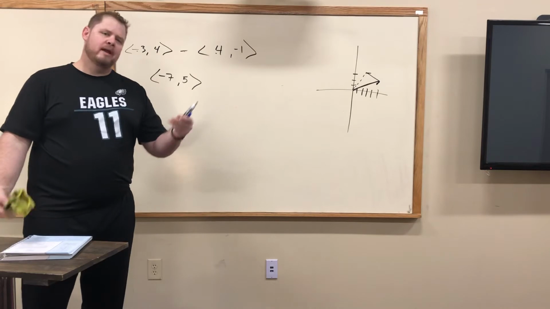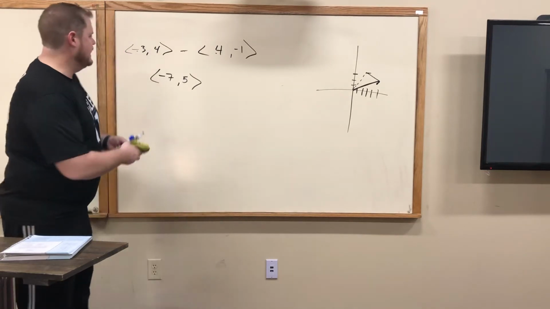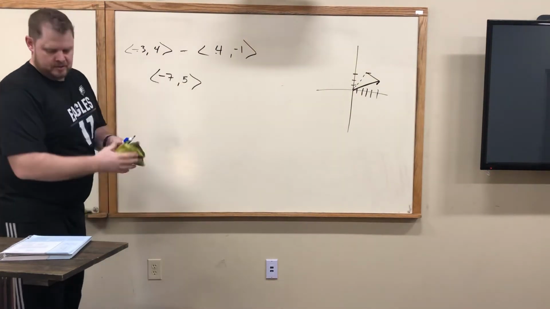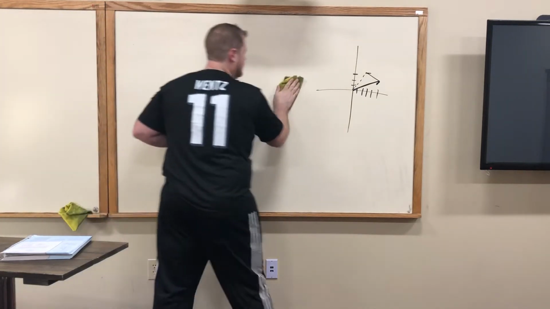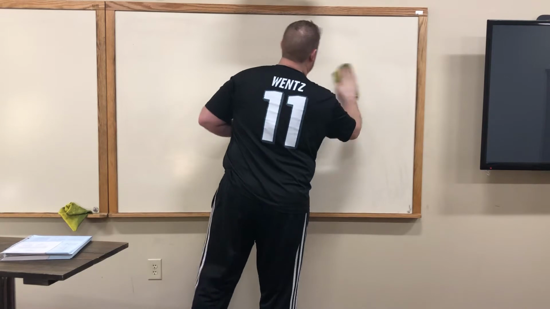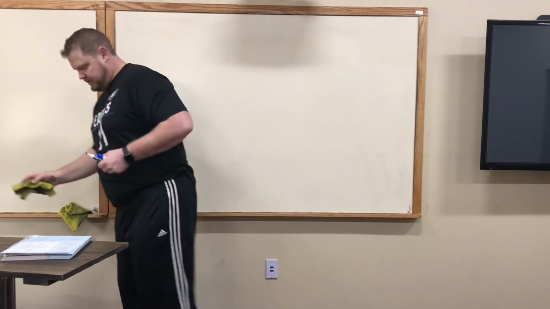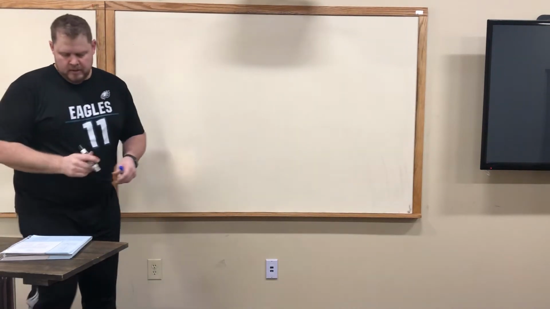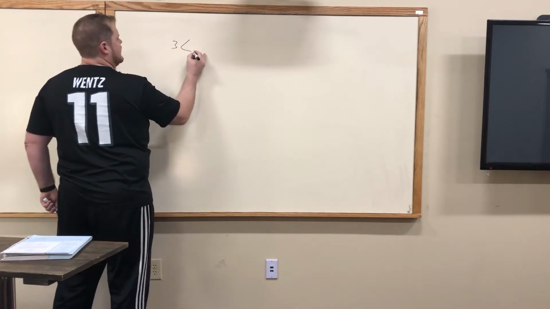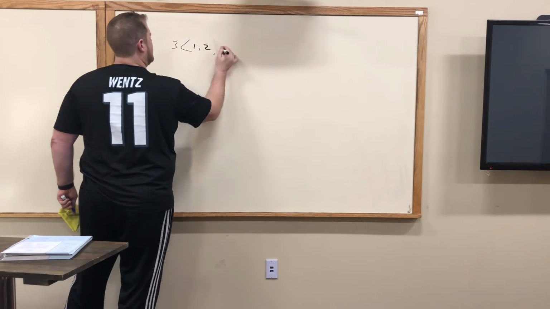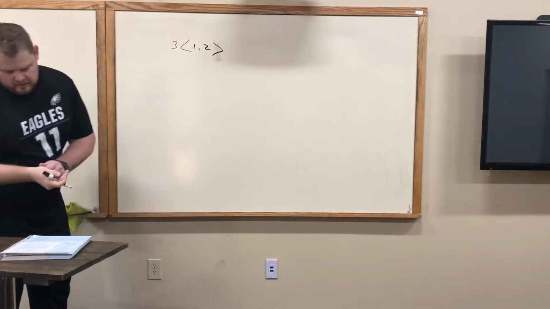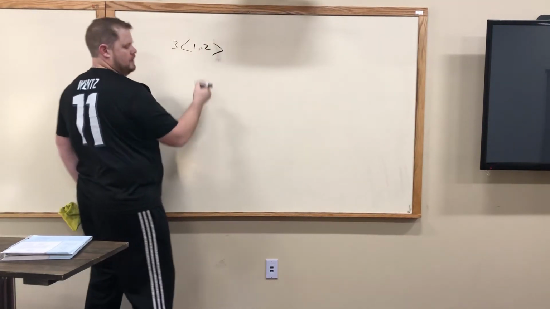Now, what happens if you multiply? That's subtraction and addition. Now let's multiply. If I want to multiply a vector, essentially it's just going to take the vector and make it longer. So 3 times 1, 2, and -2 times 5, 2.